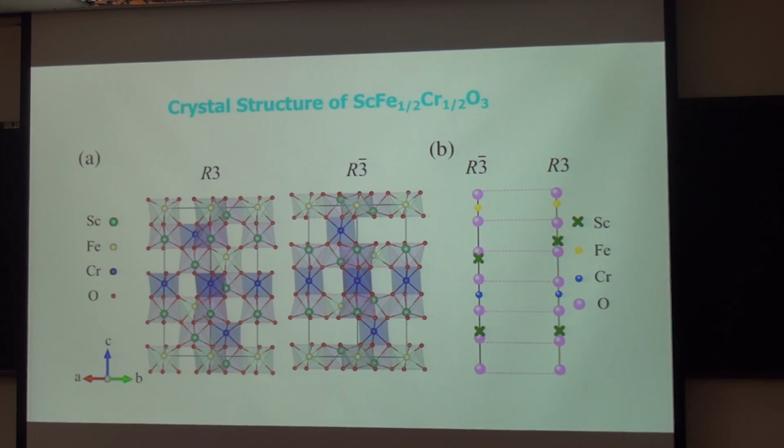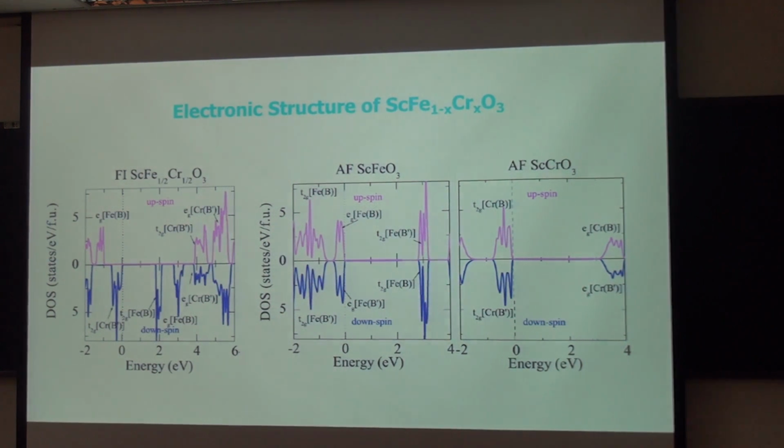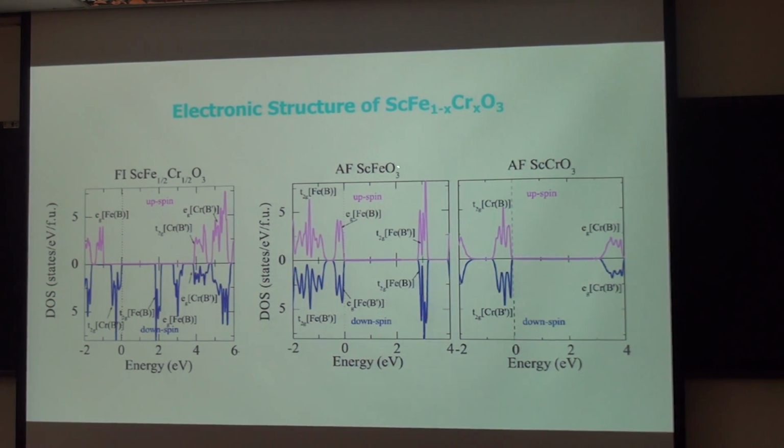And based on first-principles methods, we can find the most exciting change when we introduce the parent material, for example, calcium iron oxide or calcium chromium oxide. The most important result is a reduced band gap of around 2 electron volts.